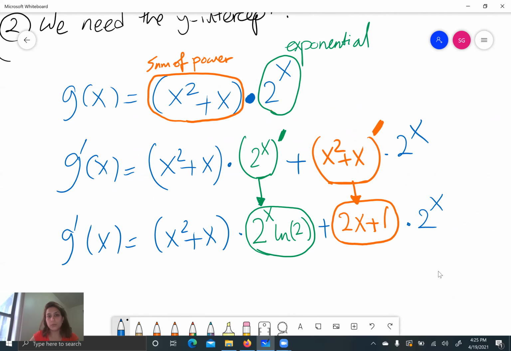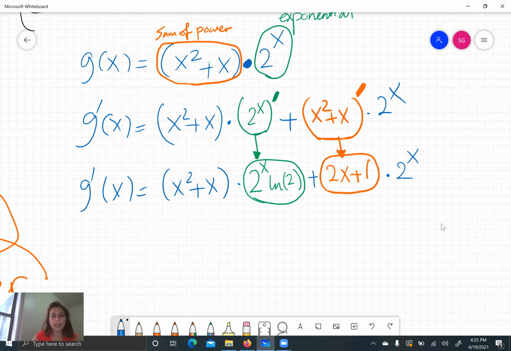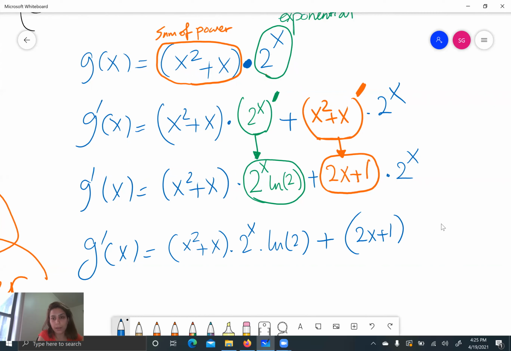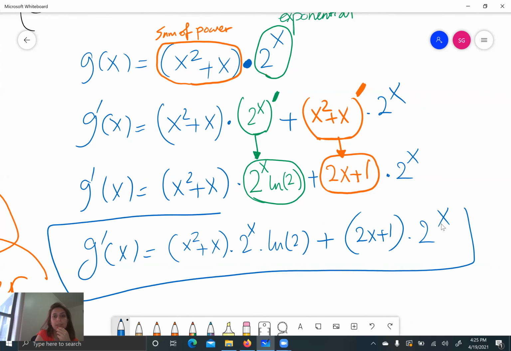If you want to write this in a clean way, it's x squared plus x times 2 to the x times natural log of 2, plus 2x plus 1 times 2 to the x. So this is the derivative.